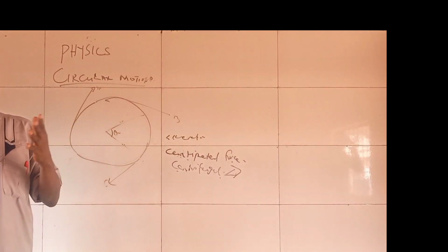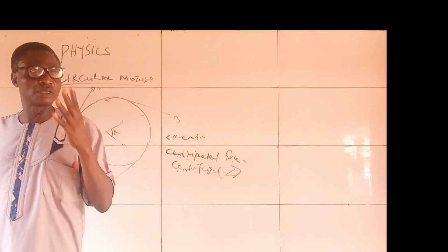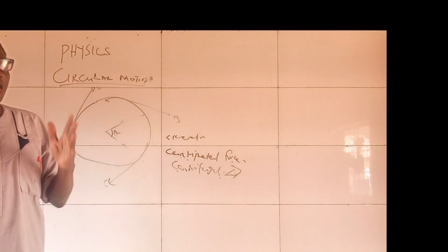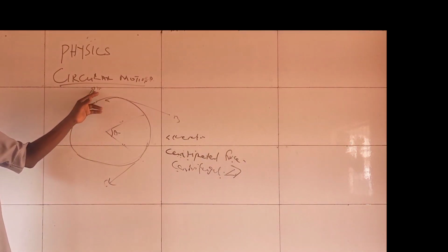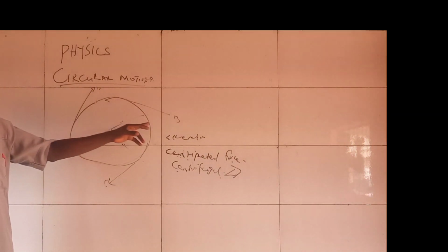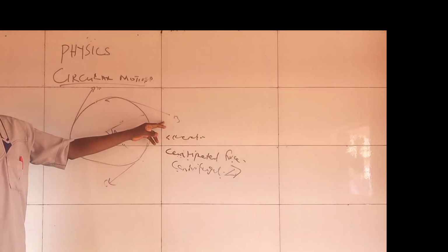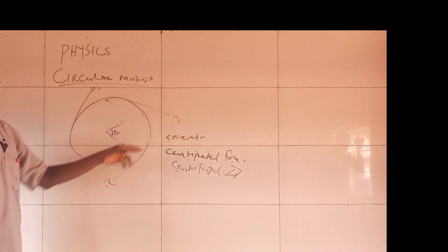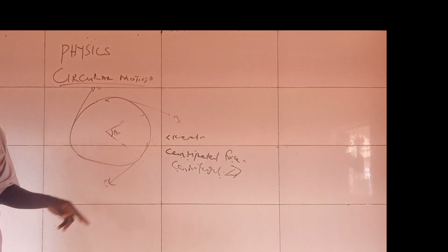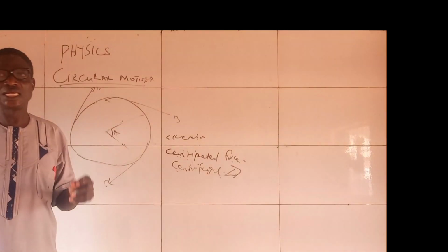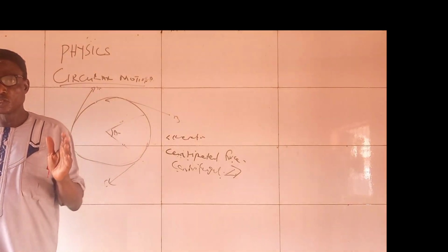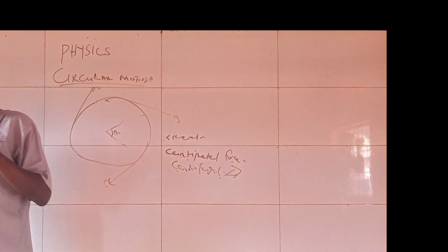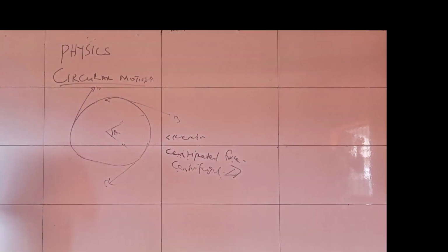Velocity is a vector quantity that has to do with magnitude and direction. The direction of the body in A is different from the direction of the body in B, and the direction of the body in B is also different from the direction of the body in C, despite the fact that it is the same constant speed. So as a result of the change in direction, we have change in velocity.